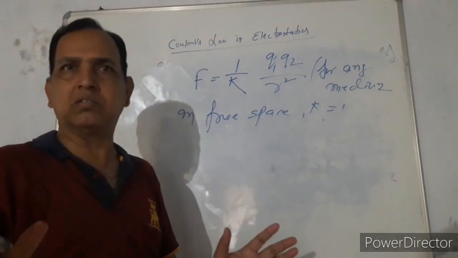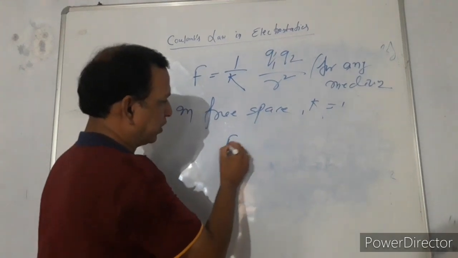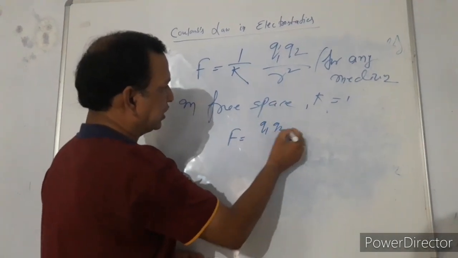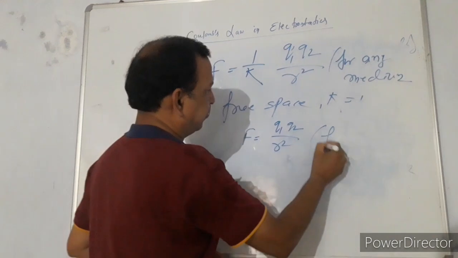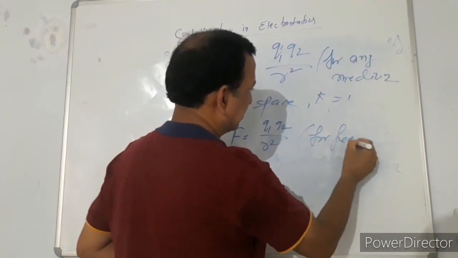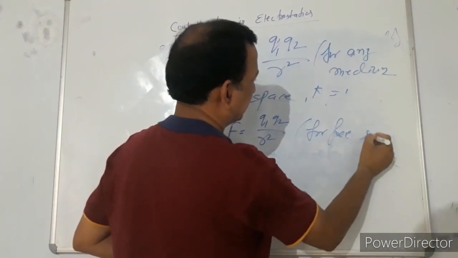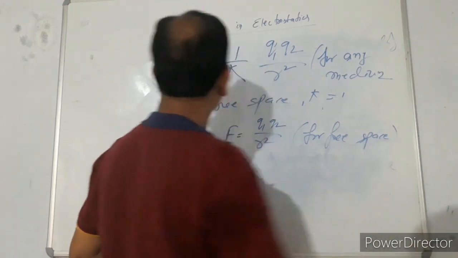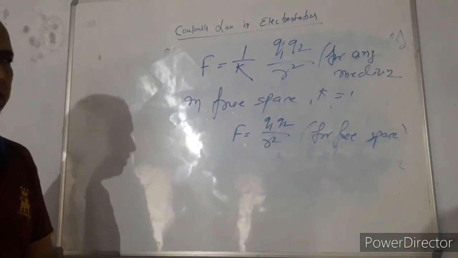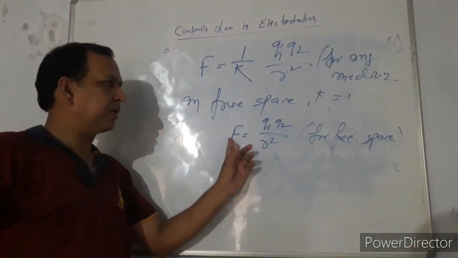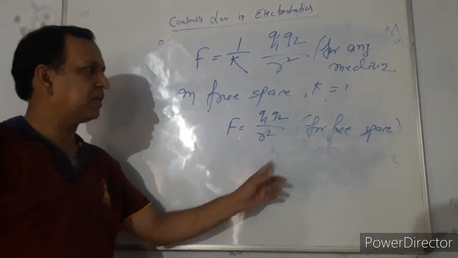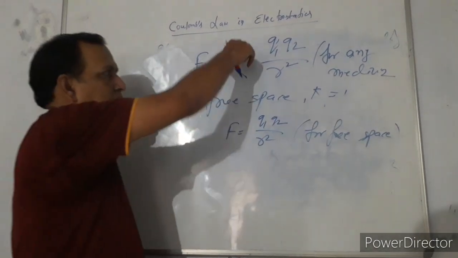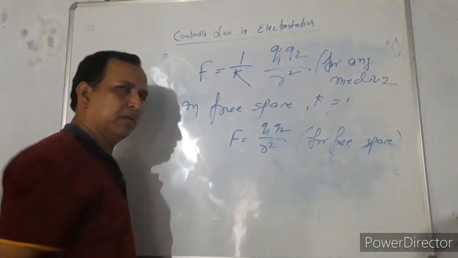So F is equal to Q1 Q2 by r square for free space. So that is the CGS system: F is equal to Q1 Q2 by r square for free space, and F is equal to 1 by K Q1 Q2 by r square for any medium.